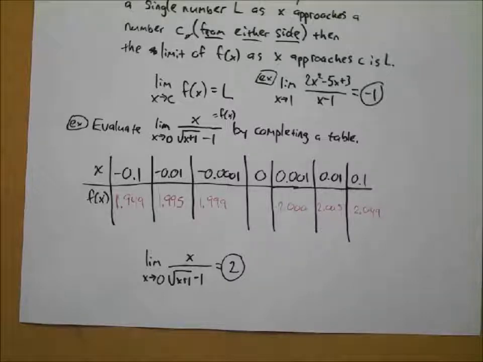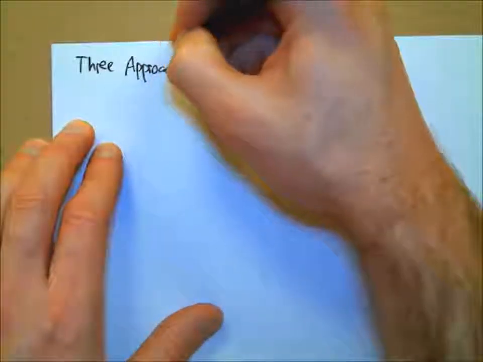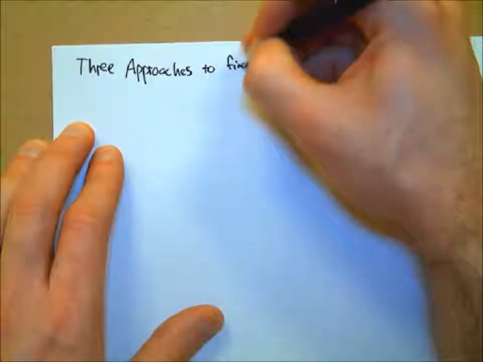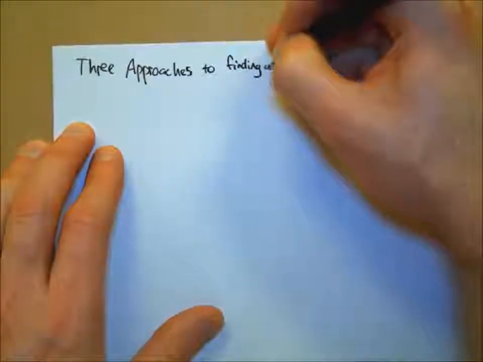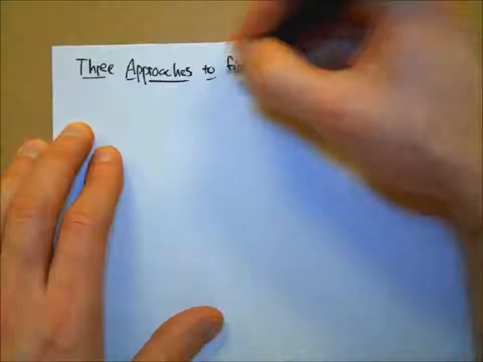Good. I've got a little bit more here I want to talk about. There are 3 approaches that we're going to be using to find a limit. We looked at one already. Don't ask me why I capitalized the A there, no idea.